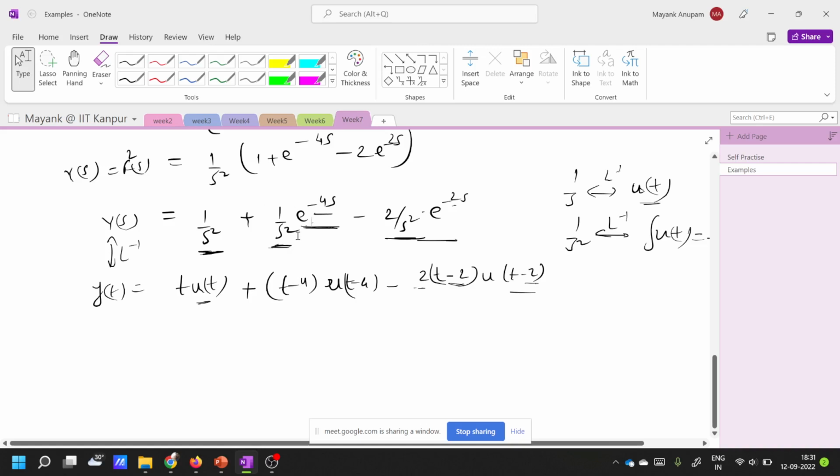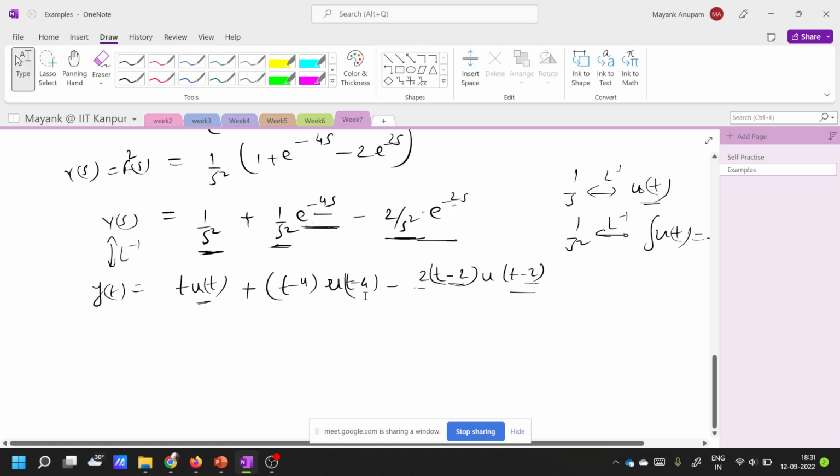Now there is e to the power minus 4s multiplied here, so you have to shift it by 4 seconds. Everywhere you have t, you have to replace t by t minus 4. So here and here, both places you replace t by t minus 4. That is what we have done here.